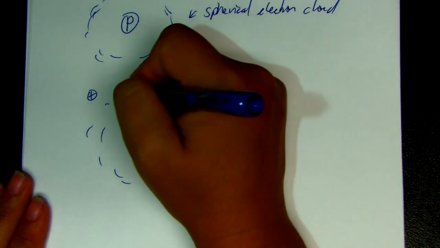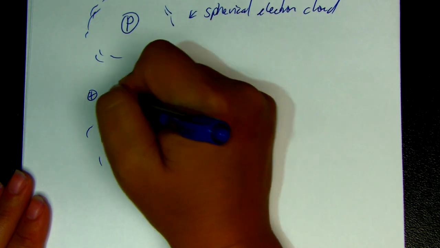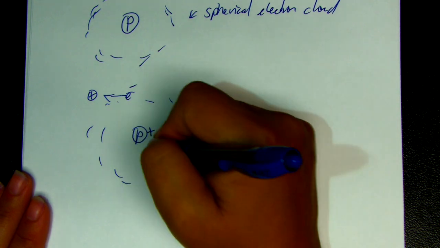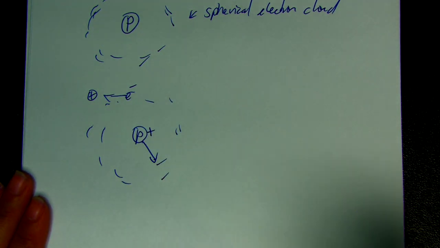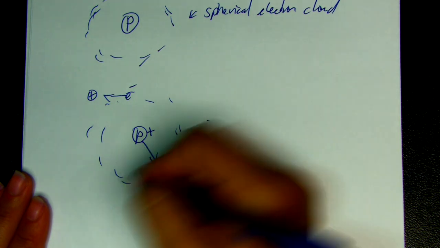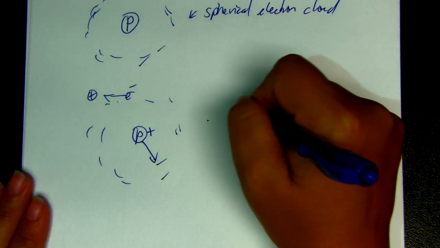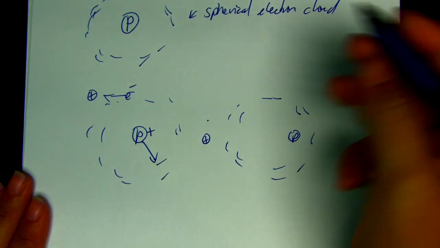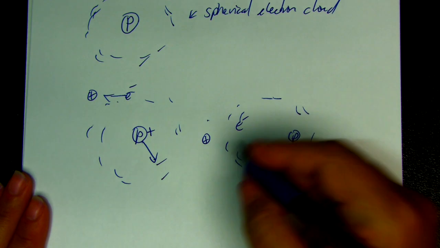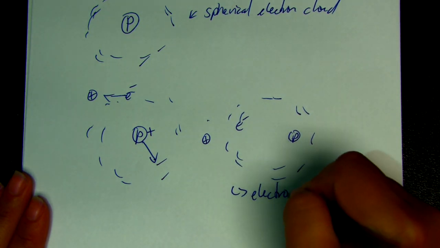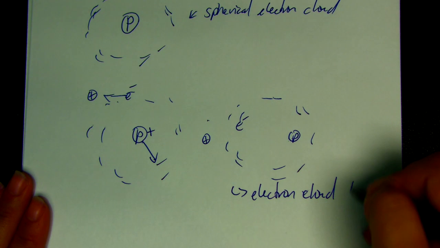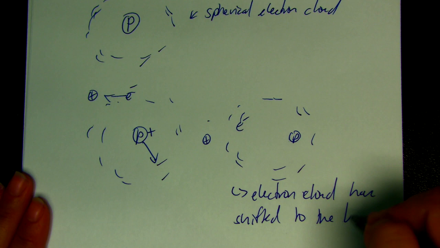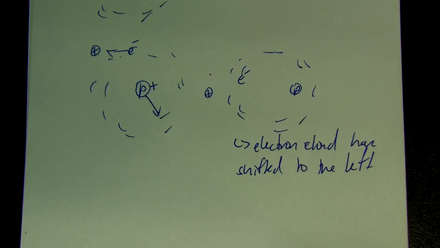So what's going to happen is the electrons, which are negatively charged, are going to be attracted to the positive charge, so they're going to move towards it. And then the positively charged nucleus is going to want to go in the other direction. So now we have something that looks like this. In this particular case, the electron cloud has shifted to the left. So it's more likely that the electron's going to be to the left than to the right.